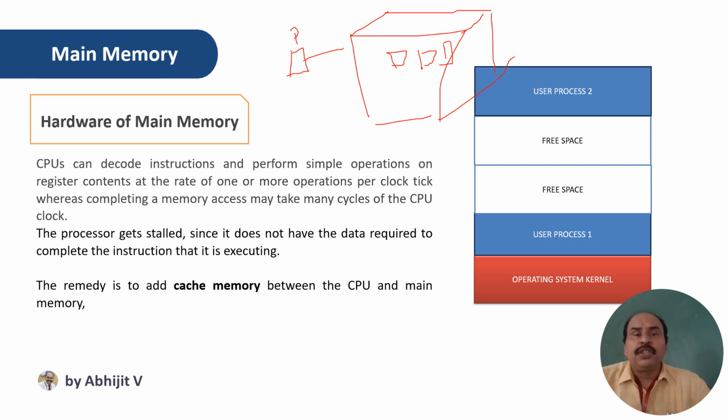Let me assume this to be 1, 2, 3, and so on. These are all analogies. It's not the way it works really. So if the processor has to access this one, after it has accessed this, then it has to take the entire cycle and come back to one. So it takes a lot of time for the processor to keep accessing.